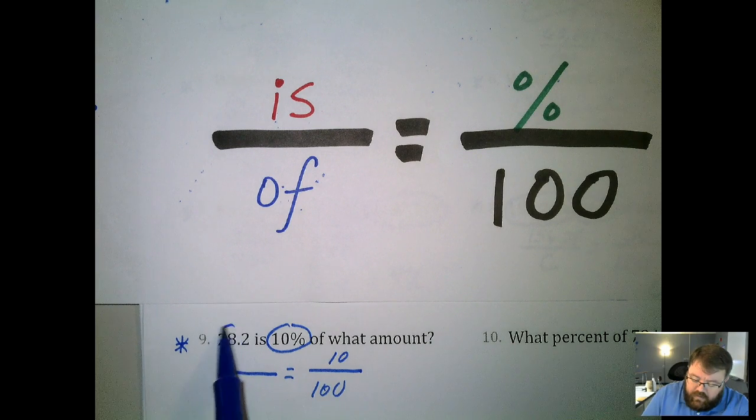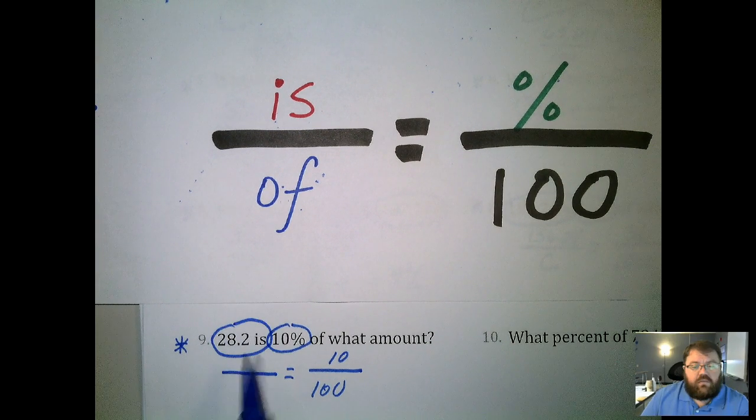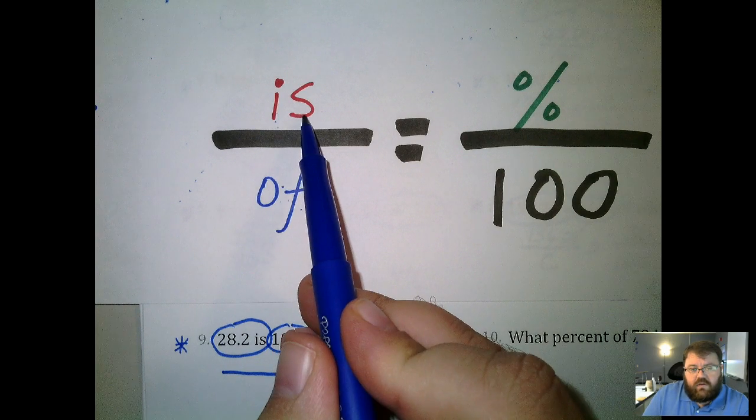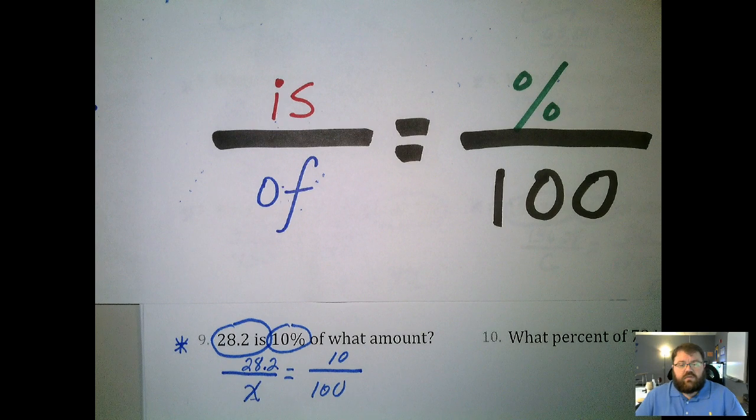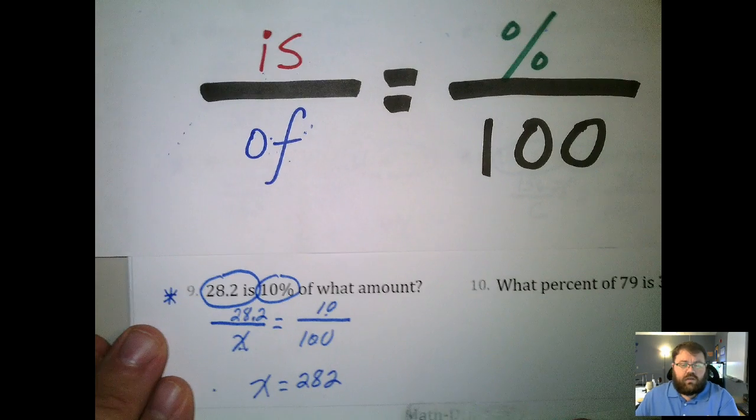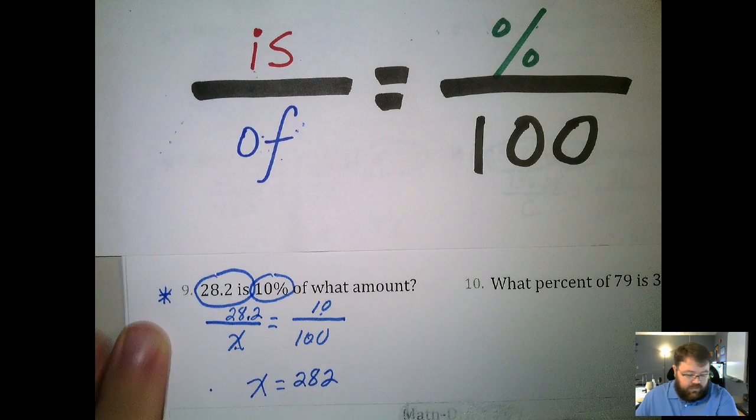Next, 28 and 2/10 "is," well, "is" goes in the numerator position. So 28.2. I do not have a number here, so I put x. I've got my proportion set up. 10 times x is 10x. 28.2 times 100 is 2820. Divide that by 10. Get x is equal to 282. So 282.